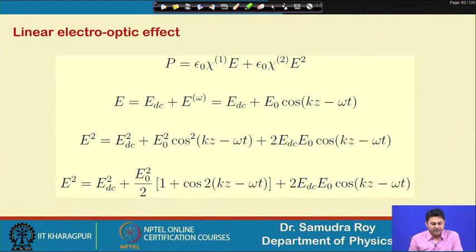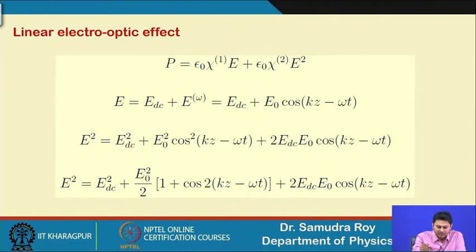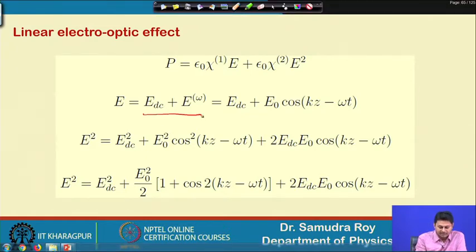Linear electro-optic effect means we are launching an electric field from outside. So the electric field is now E DC plus E omega, as I mentioned in the earlier slide. E omega is the electric field having the frequency component omega, so it is nothing but E0 cos(kz minus omega t).